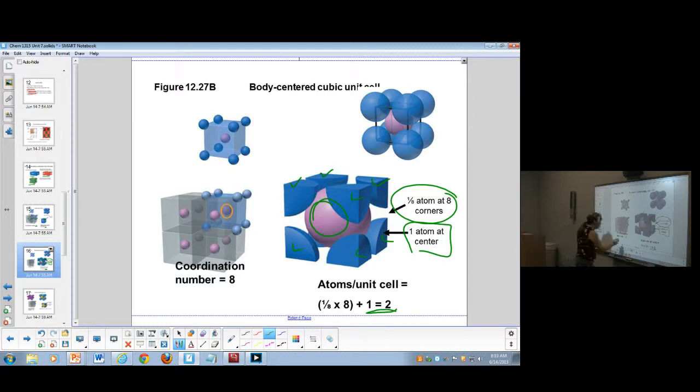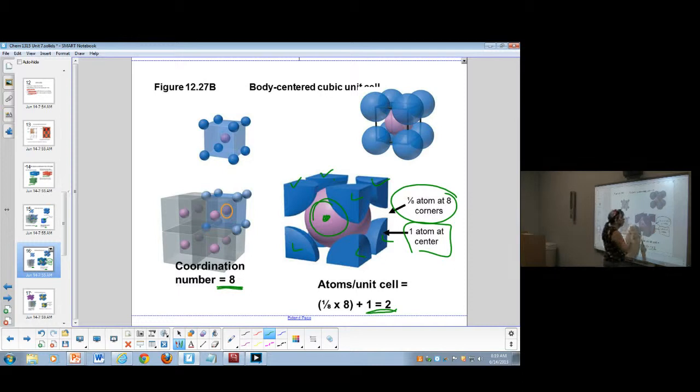Now it has a coordination number of 8. It's easiest if you look at the center atom, and you can see that it's touching only 8. It doesn't extend into another cell in any way. So it's contained completely in that cell. So it has a coordination number of 8.